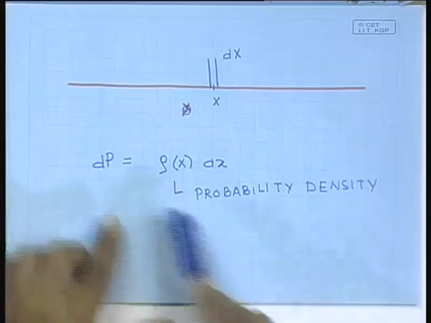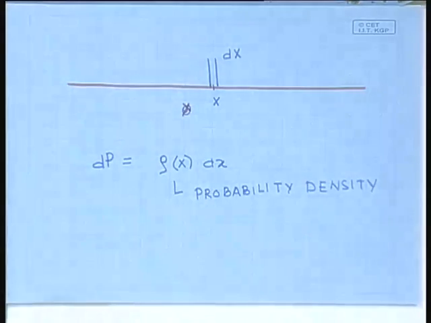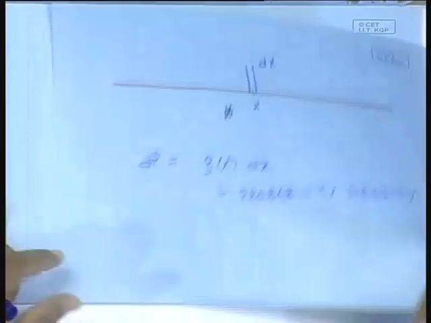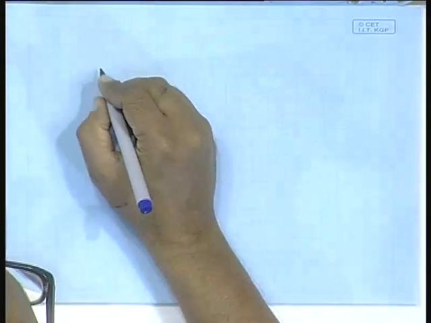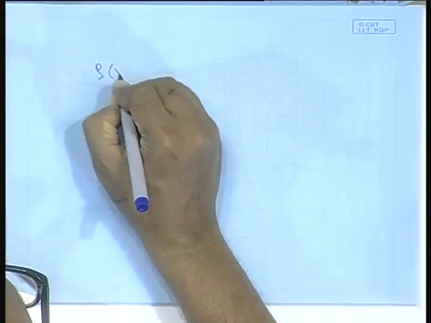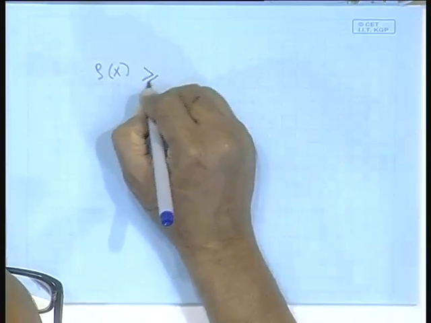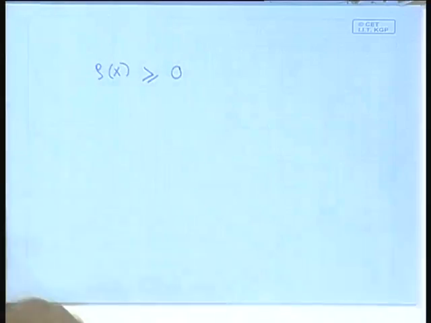Now, the probability we know is positive. So, the probability density rho of x is also necessarily positive. That is the first condition.